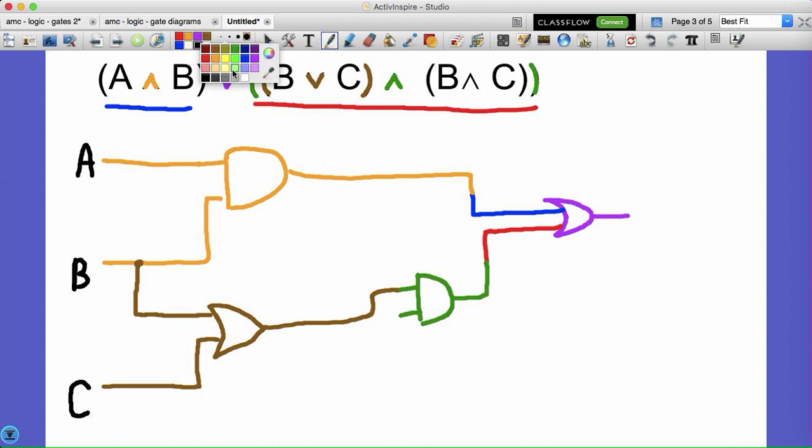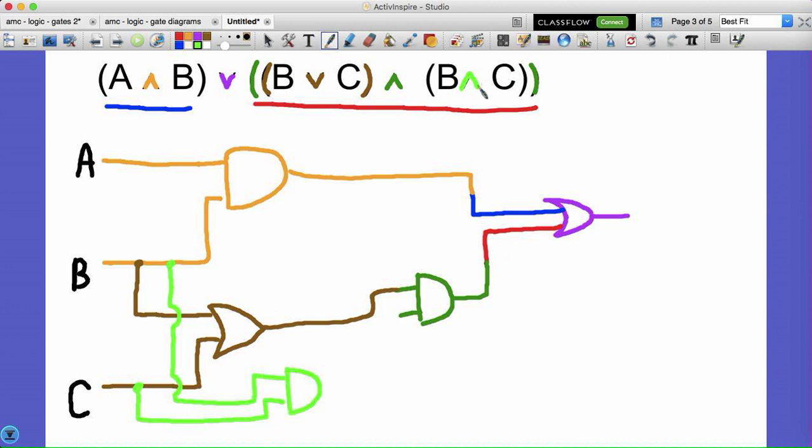I'm going to use lighter green here. B is ANDed together with C, so a little AND gate. B, I'm going to jump over this. It's going to be joined up here, and C is also going to be tapped, and it'll feed into the very same AND gate.